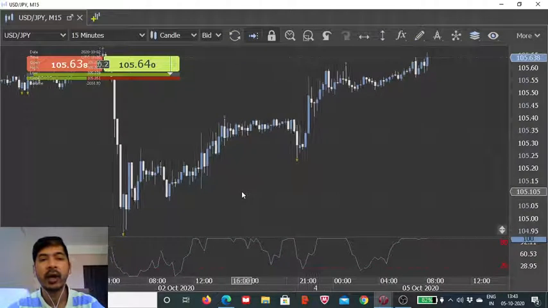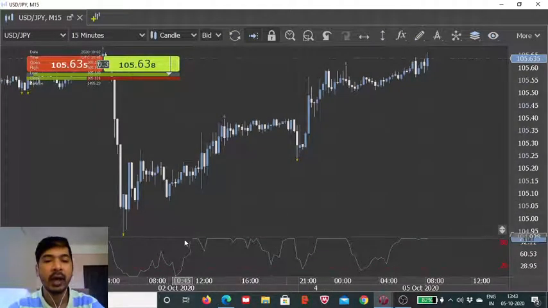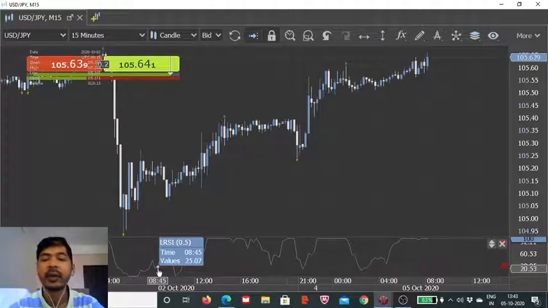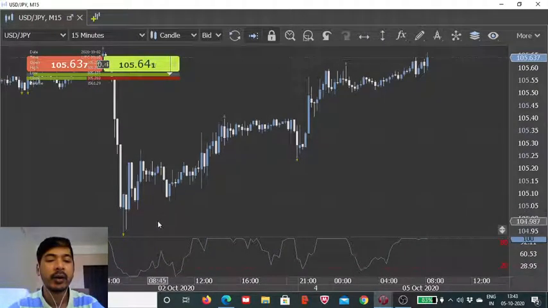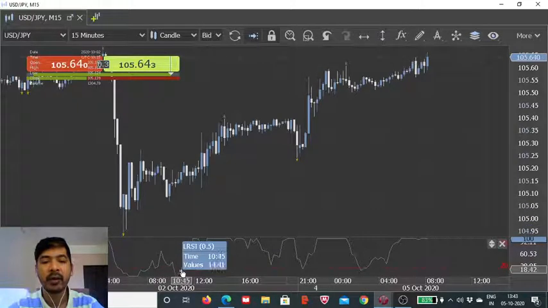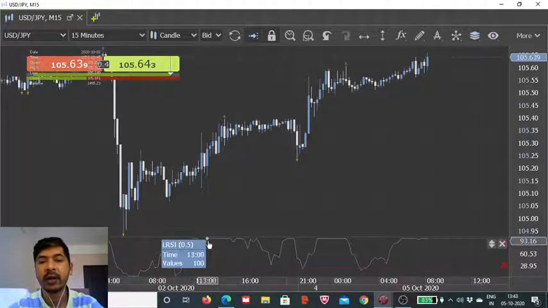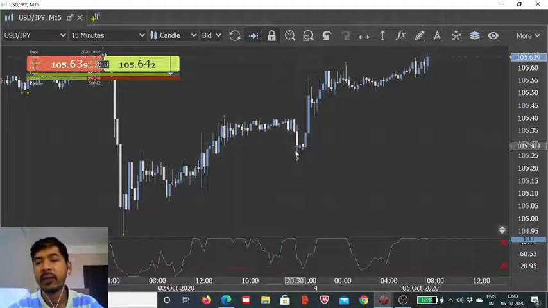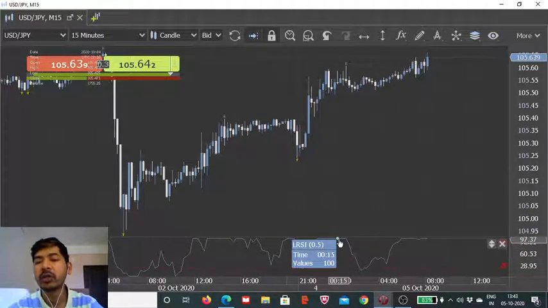So here we are looking at the USD JPY 15 minutes chart. We had this dip, and then again here the spike. You can say it was basically the retracement, and then in the next attempt it was fairly sustained, and we saw the move on the higher side, again the dip here, and the continuation of the upward momentum later on.